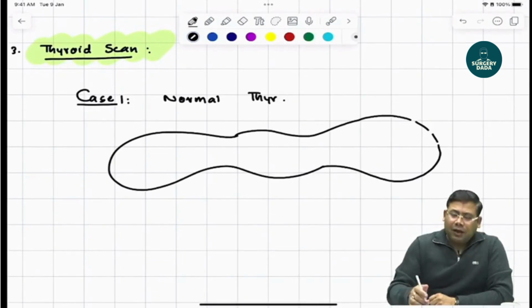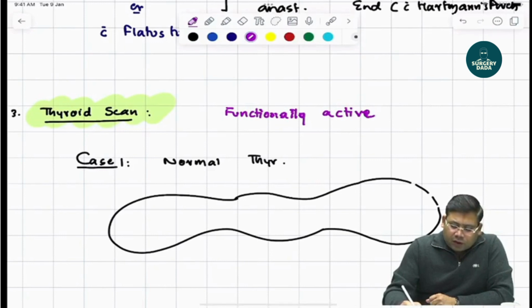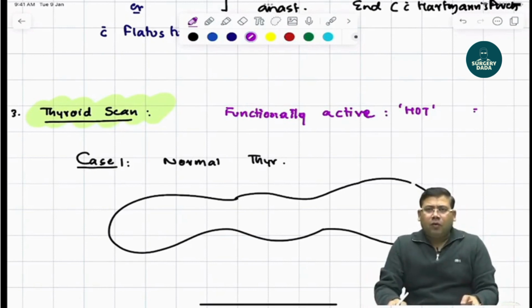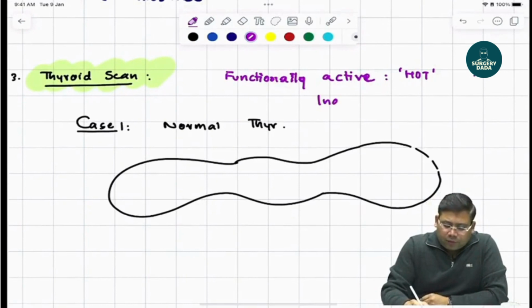So this is a thyroid gland, and the thyroid scan has a typical mindset: the functionally active gland will accept the scan, and that will appear as what? Hot. And the functionally inactive part of the gland will be appearing what? Cold. So inactive portion of the gland will be what, students? Cold. Now this is what we utilize.